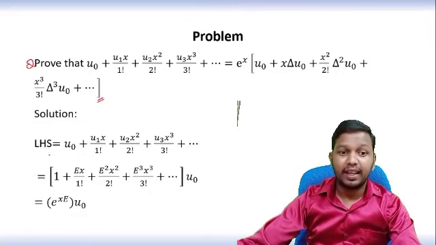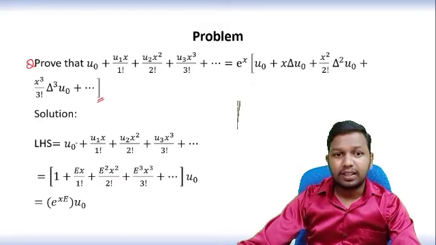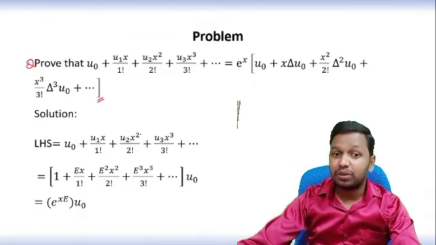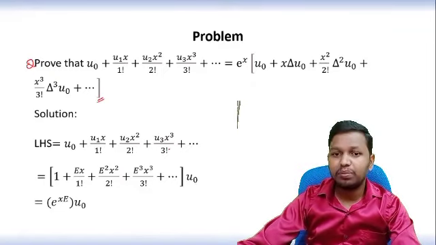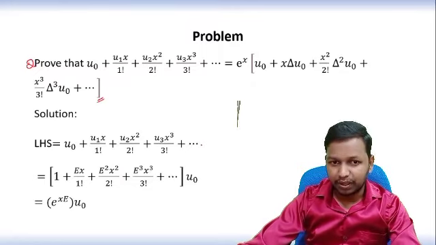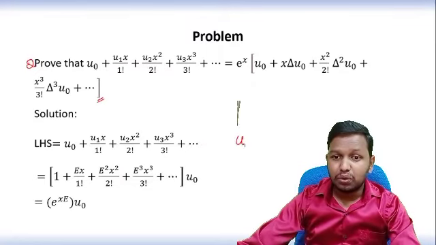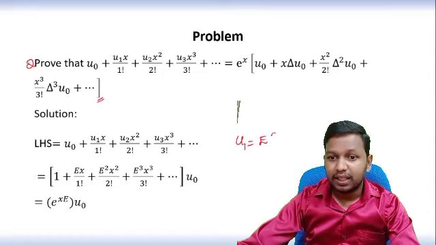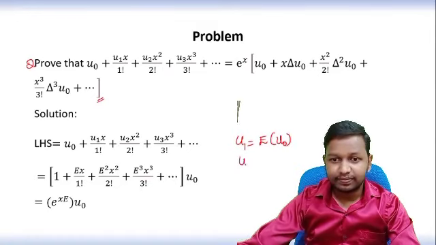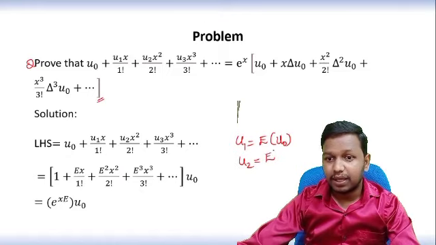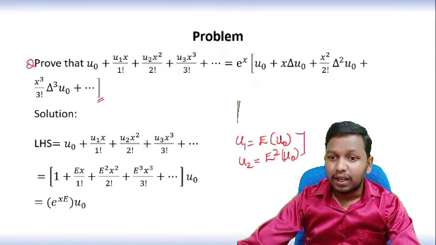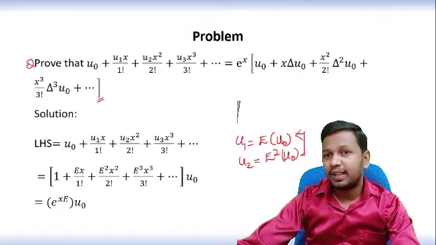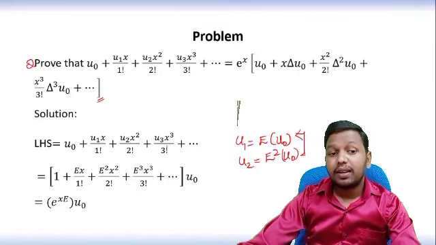That is LHS I consider, that is u0 plus u1 x by 1 factorial plus u2 x square by 2 factorial plus u3 x cube by 3 factorial and so on, where u1 is nothing but E of u0, u2 is nothing but E square u0. So apply this relation in LHS.